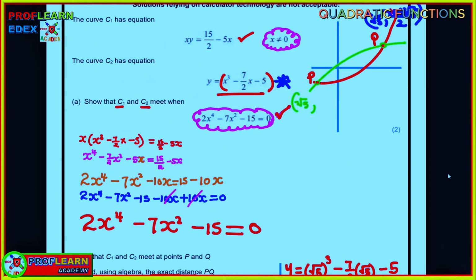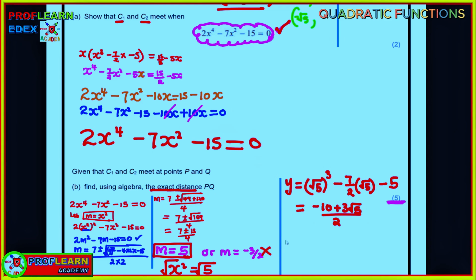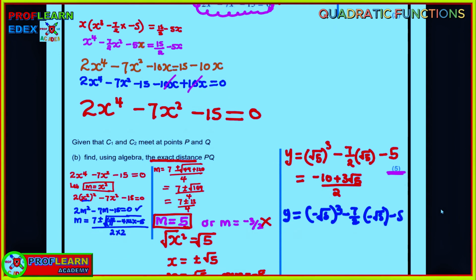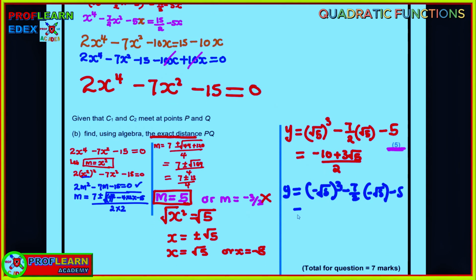And now we need to find when x is equal to negative root 5. So also we need to find that, which is going to be into bracket negative root 5. We substitute here, minus 7 over 2 into minus 5. If you work this out, it will be a very beautiful answer as well.